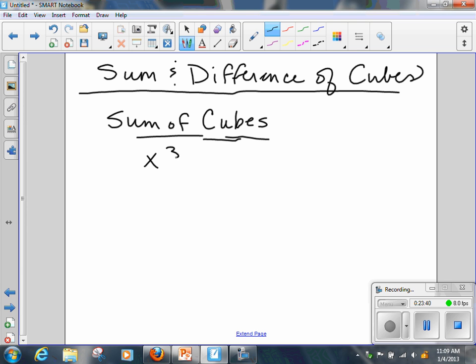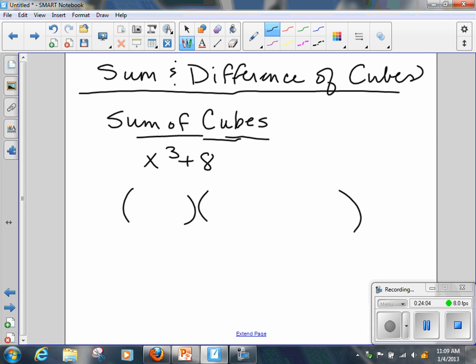If I were to give you x cubed plus 8, do you remember the pattern that you have to follow? I hope you do. Remember, when we have a sum or difference of cubes, it's a binomial times a trinomial. What is the cube root of x cubed?